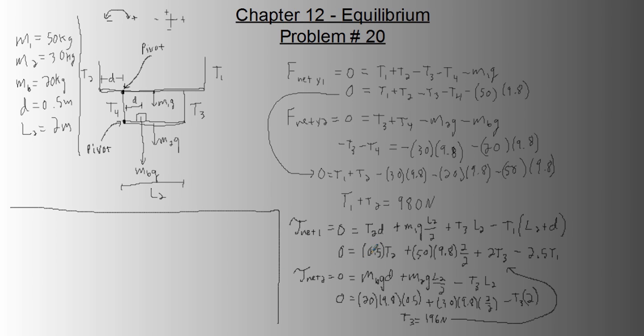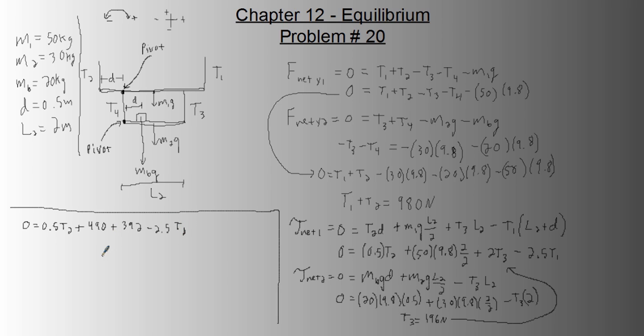So this equation becomes 0 equals 0.5 T2 plus, all this equals 490, plus 2 times 196 right here is 392, minus 2.5 T1, and so solve this for T1.